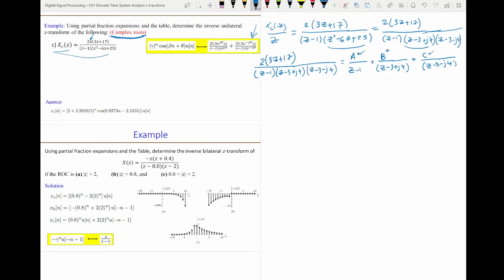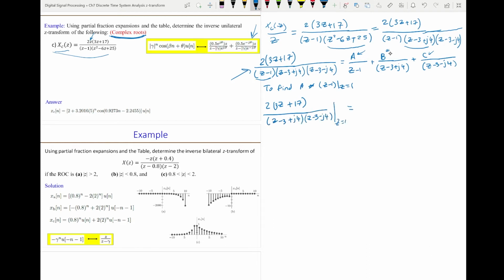If you are comfortable with complex numbers, so to find A, multiply everything by its denominator and then set z equal to 1. If we do this, then this term here will be, this will be cancelled. So I will have only z minus 3.